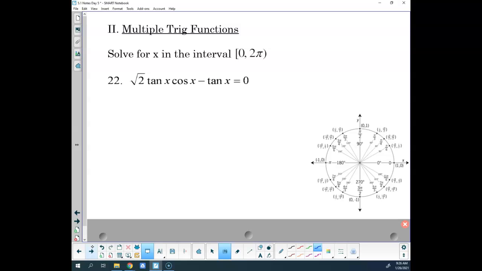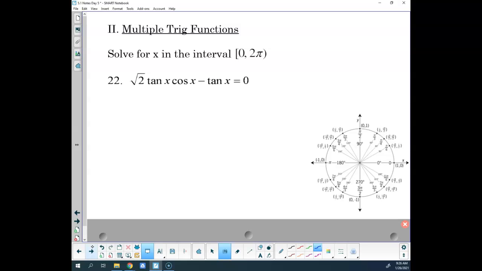Okay? So that's why it's always solved over that interval. And what you probably learned on the video that you watched over the weekend is we want to get it in factored form and then get trig function equals some value. Okay? And then we can solve from there.